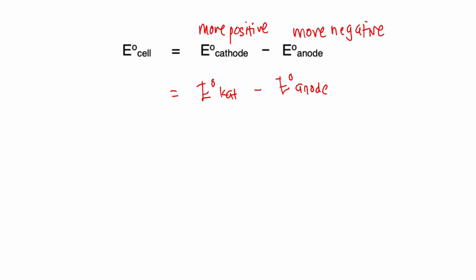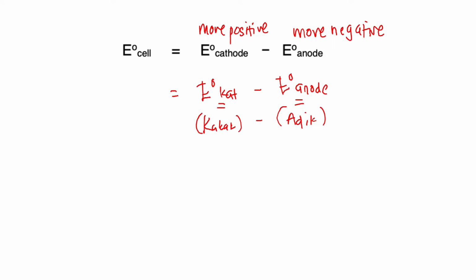Okay, cara mudah untuk mengingat, cathode is K, anode is A. K is for kakak. A is for adik. So, kakak mesti sentiasa lebih besar daripada adik.